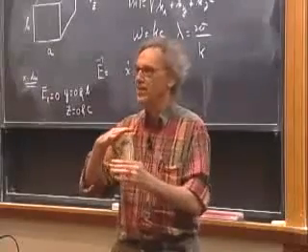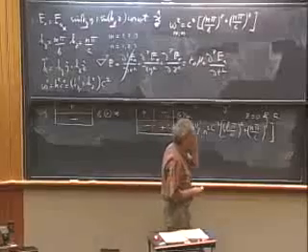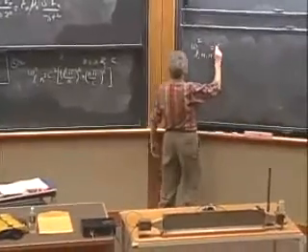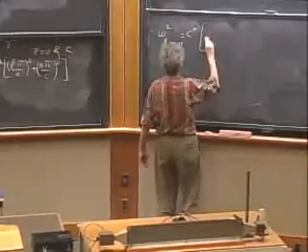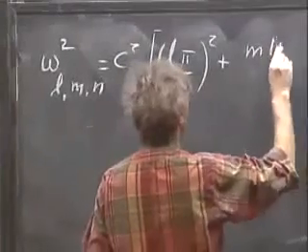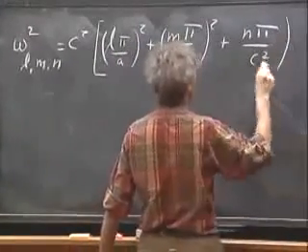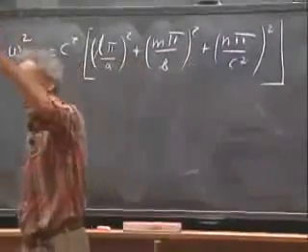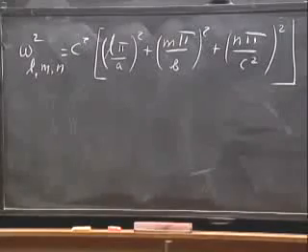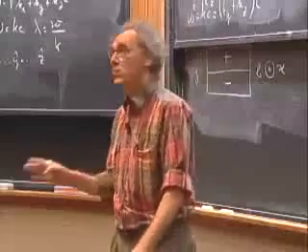So I don't just radiate linearly polarized radiation only in the x direction or only in the z direction, but now I say, aha, if I make omega squared L m n equal to c squared times L pi over a squared plus M pi over b squared plus N pi over c squared, then I can have an E vector which is in some random direction, well maybe not too random because I have to meet this condition, and now I have a whole family of infinite number of resonance frequencies which are not only E vectors in x, y, or in z direction.